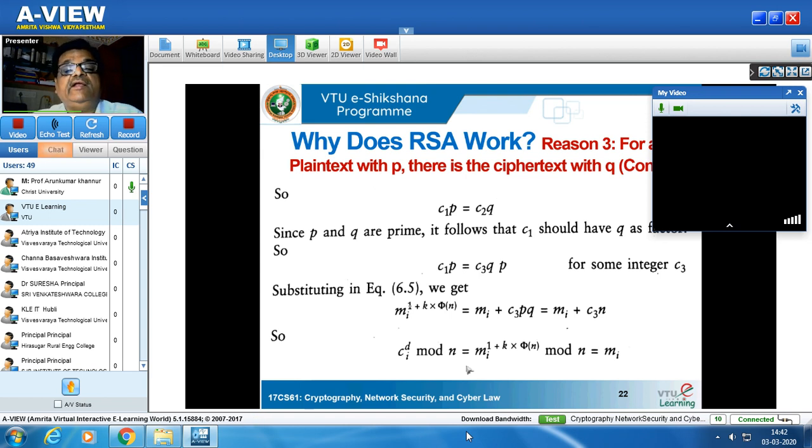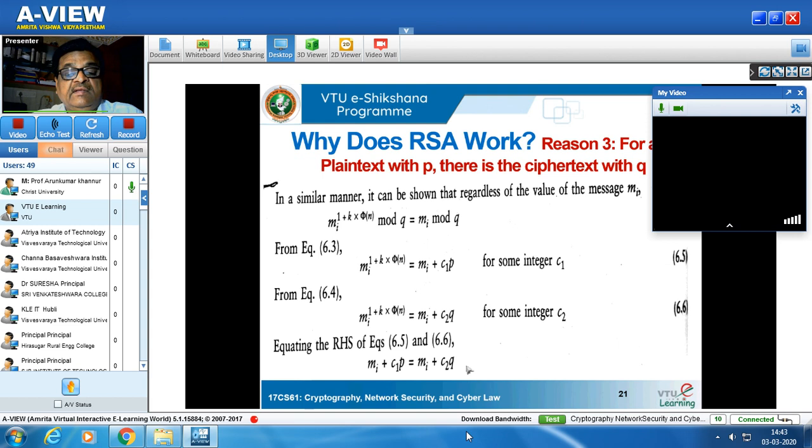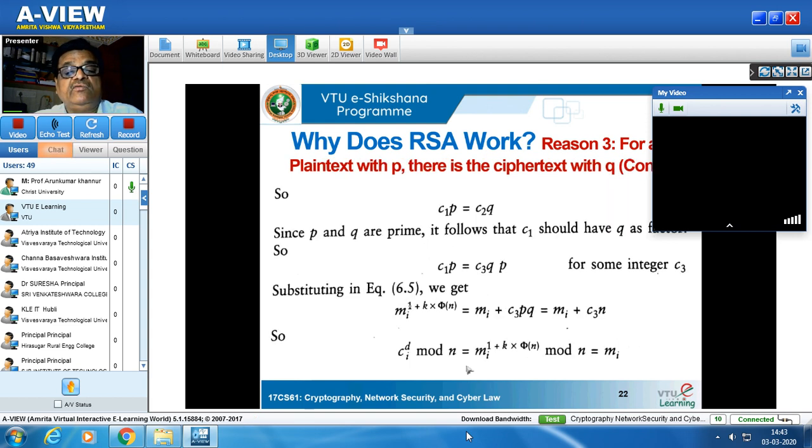Now we shall proceed. Why does RSA work? Reason 3: for any plain text with p, there is a ciphertext. We continue with that discussion. Because of this, c1 p equals c2 q. Since p and q are prime, it follows that c1 should have q as a factor. So c1 p equals c3 into q into p for some integer c3.